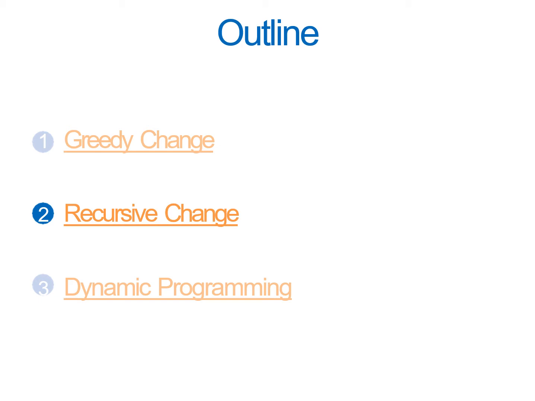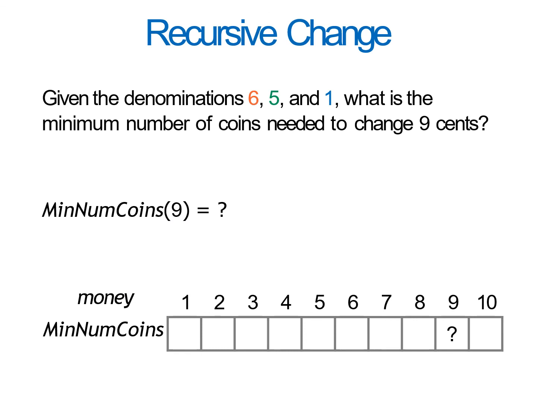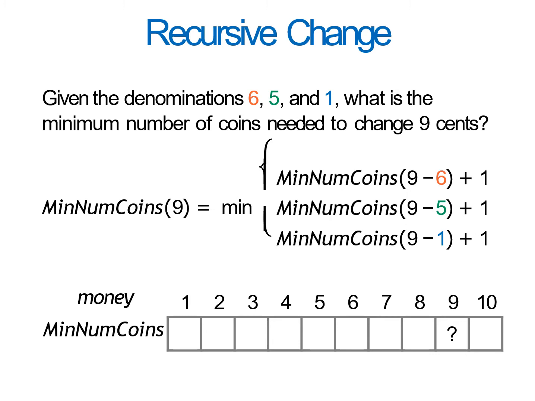Since the greedy approach to solving the change problem failed, let's try something different. Let's try the recursive algorithm for solving the same problem. Suppose we want to change 9 cents and our denominations are 1 cent, 5 cents and 6 cents. What would be the optimal way to change 9 cents?